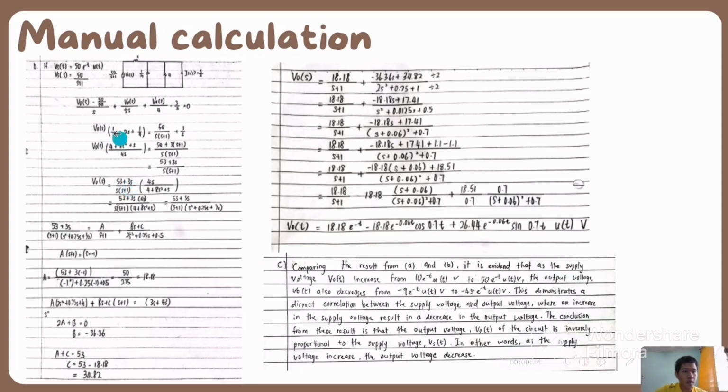So we insert the value given into the equation, and then we will get the new V naught S for the circuit, which is 53 plus 3S over S plus 1.